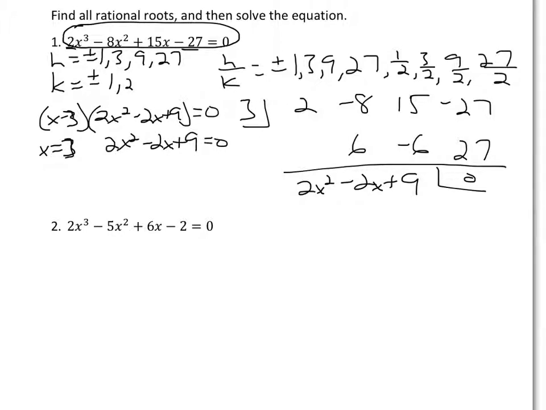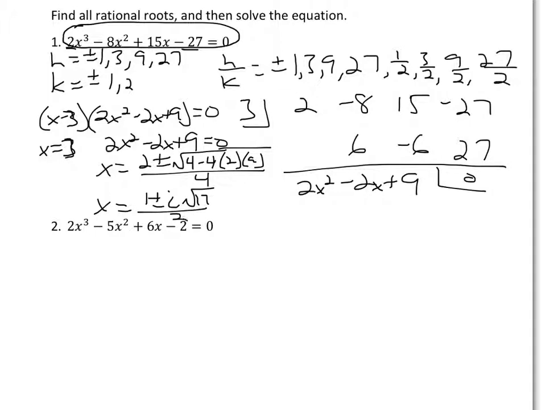That we can't factor, so we've got to use the quadratic formula. And we get x equals 2 plus or minus the square root of 4 minus 4 times a times c, all over 2a. When you simplify that and work it out, you're going to get 1 plus or minus i root 17 over 2. So those are your 3 answers to that equation.